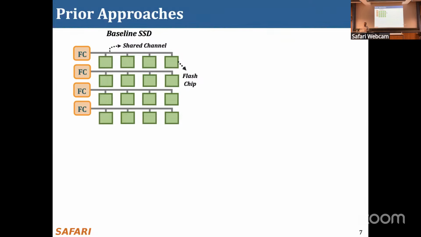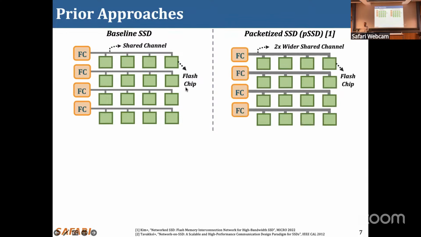We look at the baseline SSD, which is a shared channel, so nothing different here. There are some works on packetized SSD, and what they propose is very interesting. They say that we have some control pins and also I/O pins for each flash chip. You cannot normally use control pins for sending data, but they say we can implement some control functionality in the flash chip.